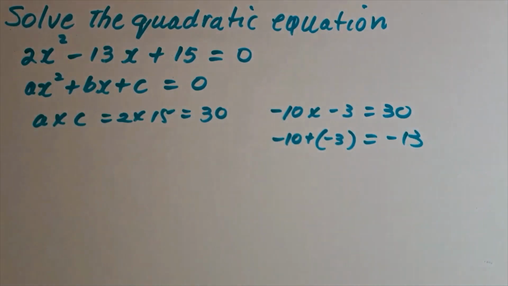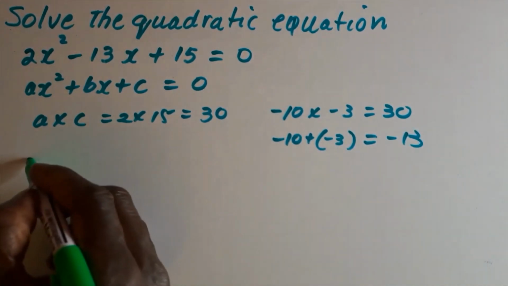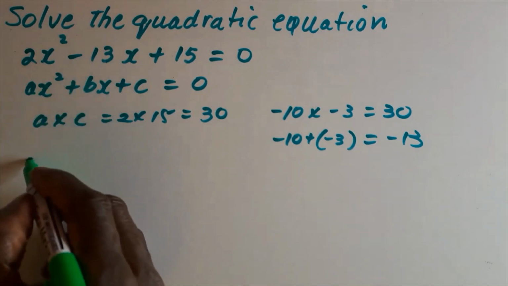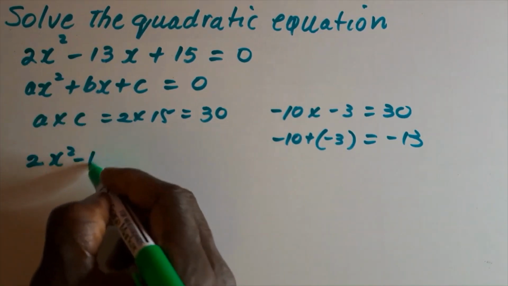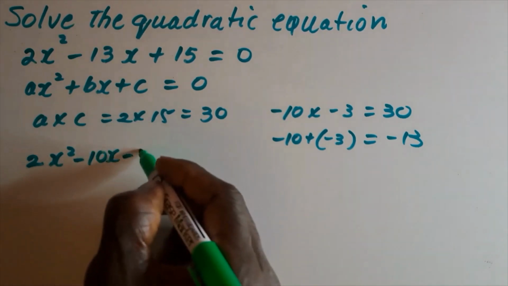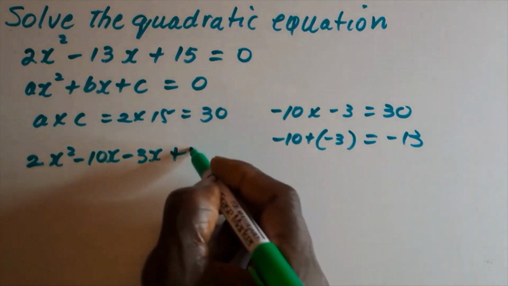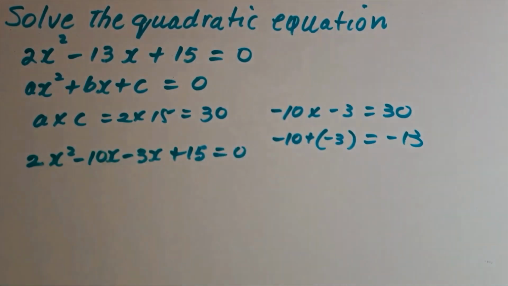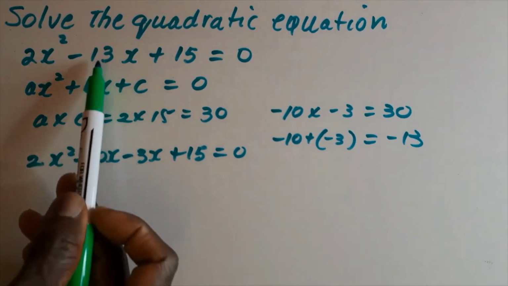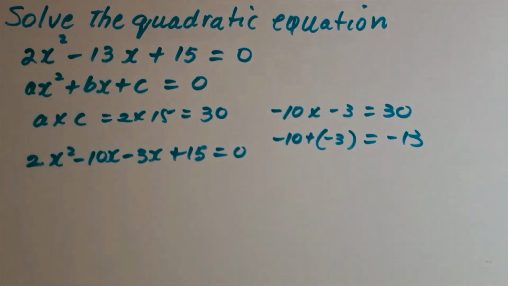So that's what we need. So we have to rewrite this: 2x squared minus 10x minus 3x add 15 is equal to 0. So the minus 10x and minus 3x replaces negative 13x.